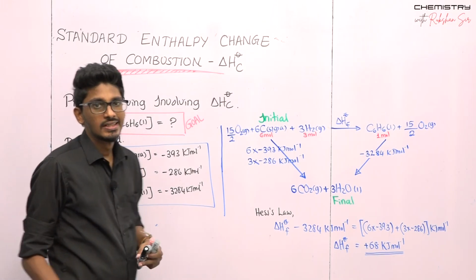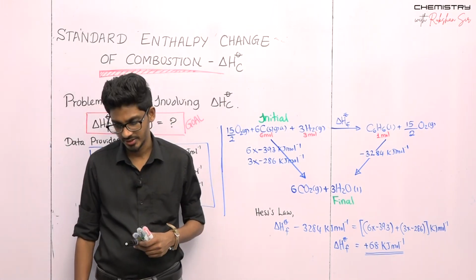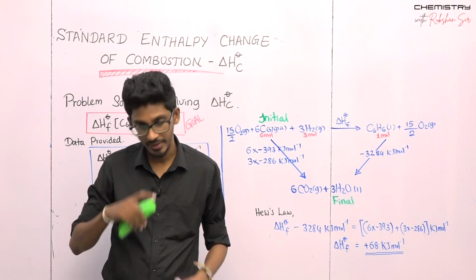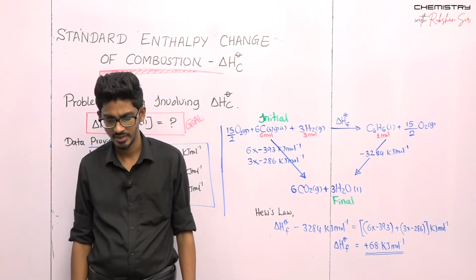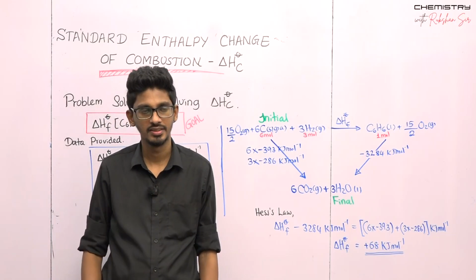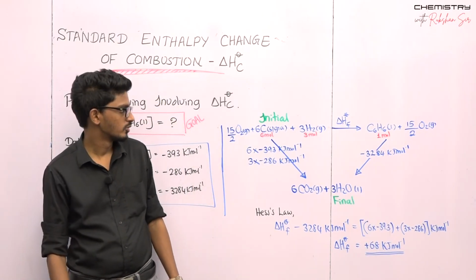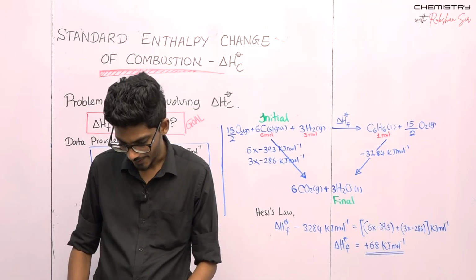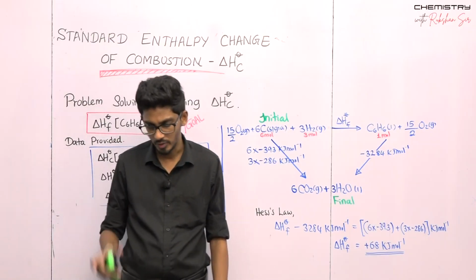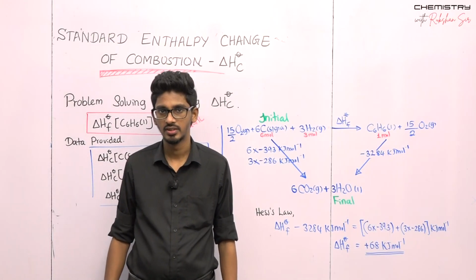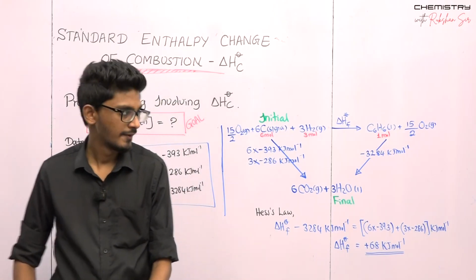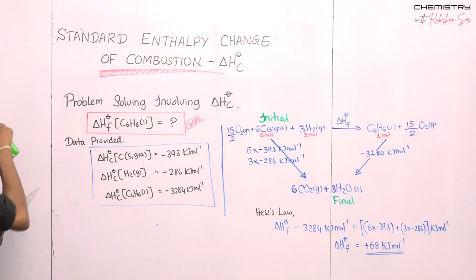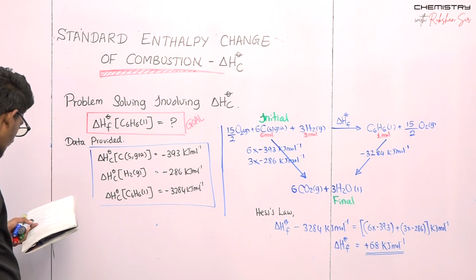Right. Let's do the next question appearing at page number 21. This was the example question which I have done. So now let's do question number 1 appearing at the bottom part of page number 21. Let's do that as well.